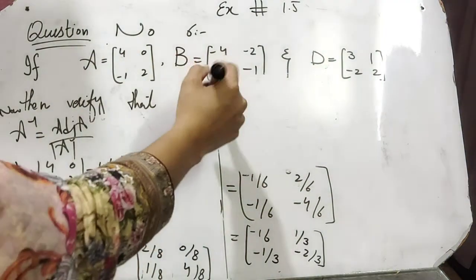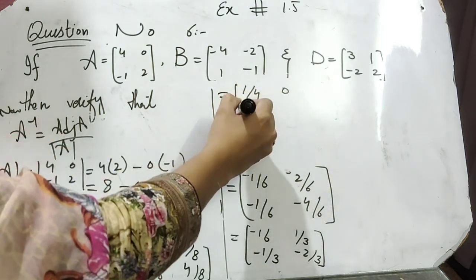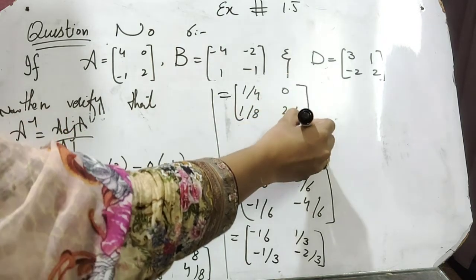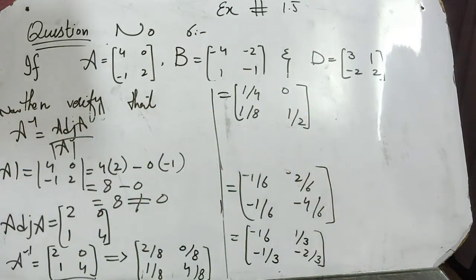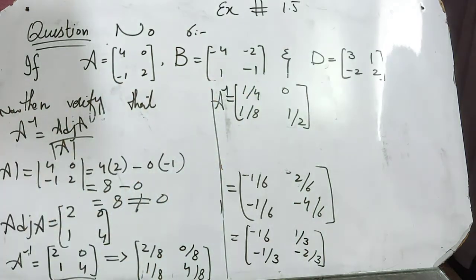And it will be equals to 1 by 4, 0, 1 by 8 and 1 by 2. Okay, this is the answer of A inverse.